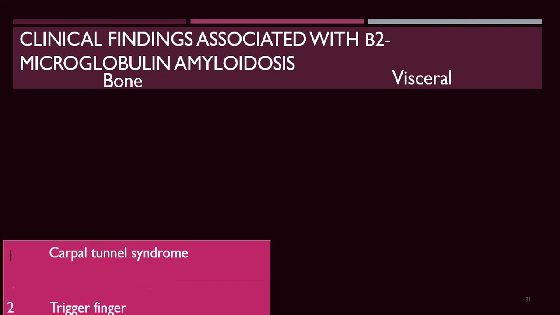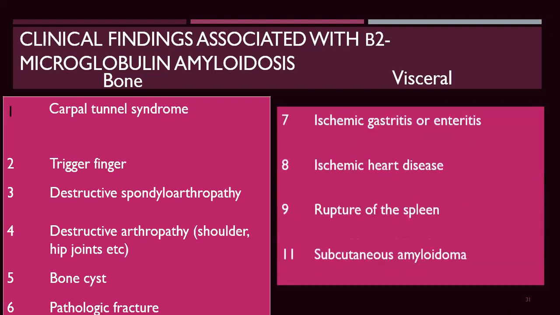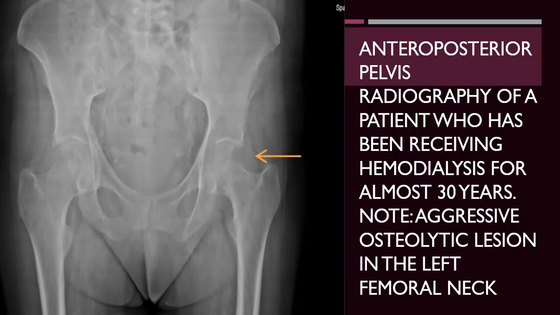Clinical findings are mainly carpal tunnel syndrome, trigger finger, destructive spondyloarthropathy, destructive arthropathy, bone cyst, and pathologic fracture. Very rarely visceral involvement occurs, like ischemic gastritis or enteritis, ischemic heart disease, rupture of the spleen, and subcutaneous amyloidoma, but mainly it is bone and cartilage.